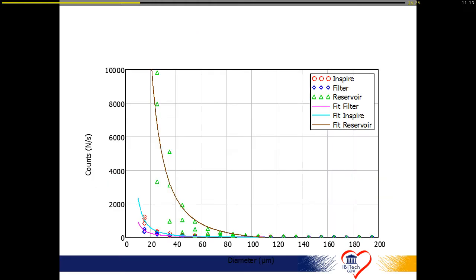Because if you look to the data, these are data from my own center. You can see the reservoir is actually still the major component of generation of bubbles. And then we have here a membrane oxygenator on one side and an independent or separated arterial filter on the other side.